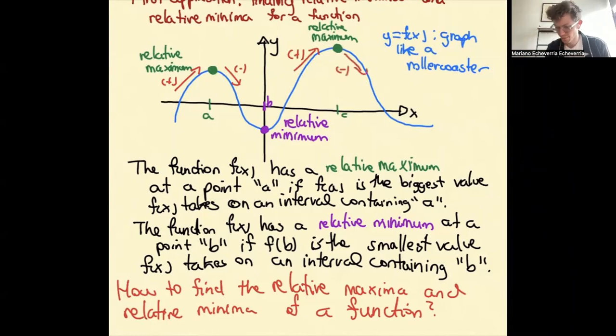negative, right? And what is happening at a minimum? At a minimum, you are decreasing your height first. You reach the minimum, and then you start increasing it again. So what's happening at a minimum? It is first decreasing and then increasing.